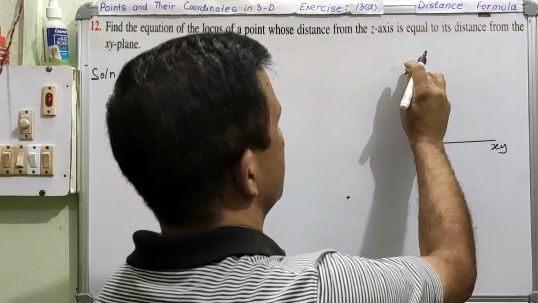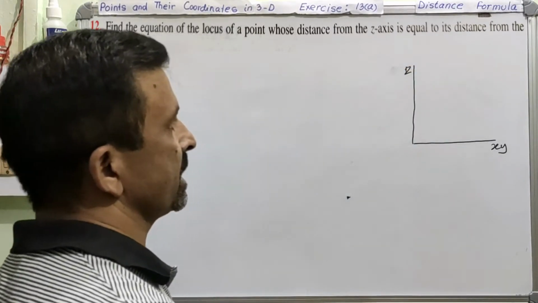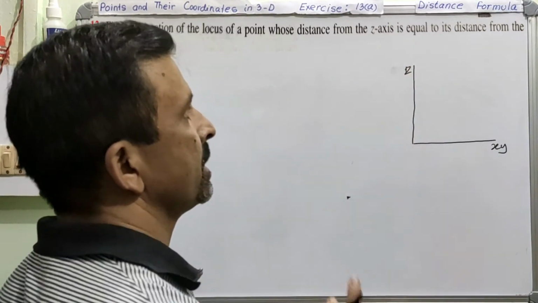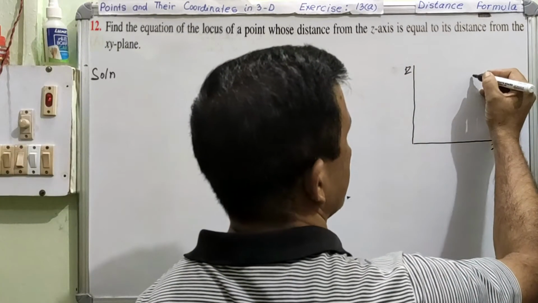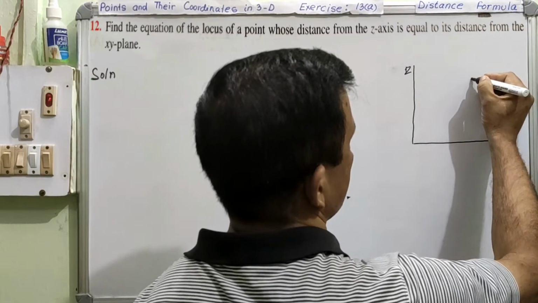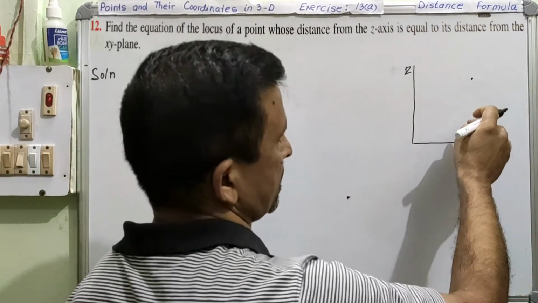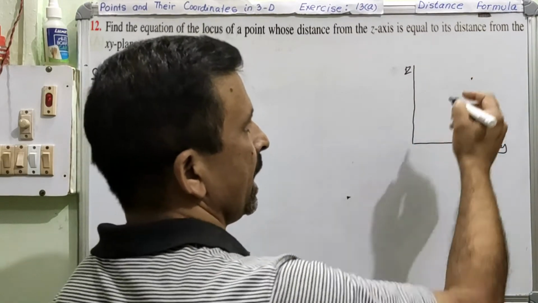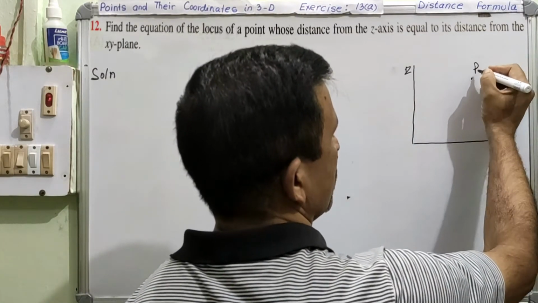Now the question says that there is a point which is at equal distance from the xy plane and from z-axis. So, let us mark that point P somewhere here, assuming, just estimating, that this distance and this distance are same. You have to now find out the locus of this point.